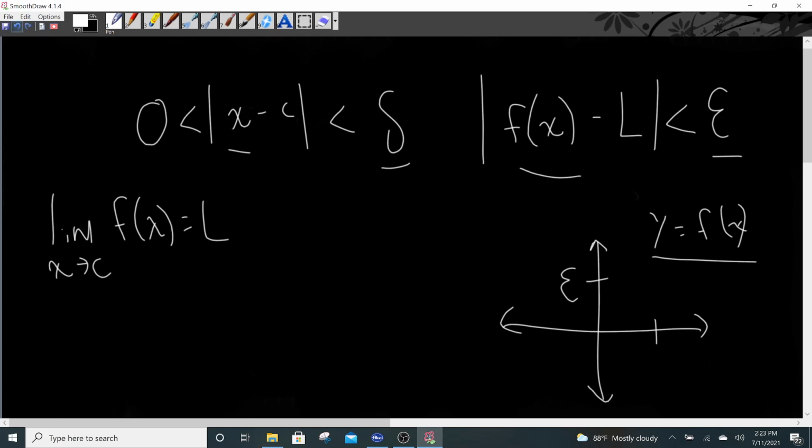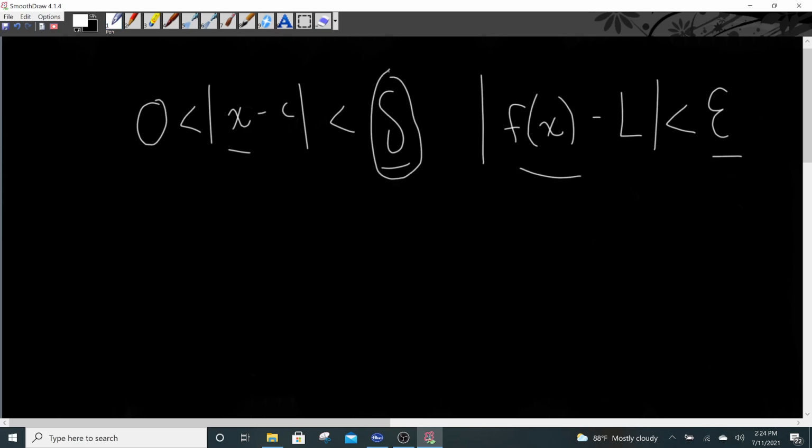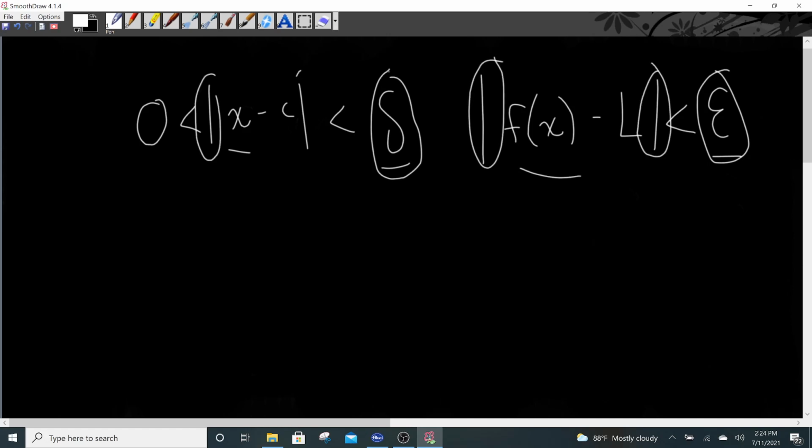These are arbitrary values, but since we have for all epsilon and for all deltas, this has to be a very broad concept that we're trying to illustrate. So now that we have the idea that delta is an x value and epsilon is a y value, the absolute value signs for both of these indicate that this is some type of range.